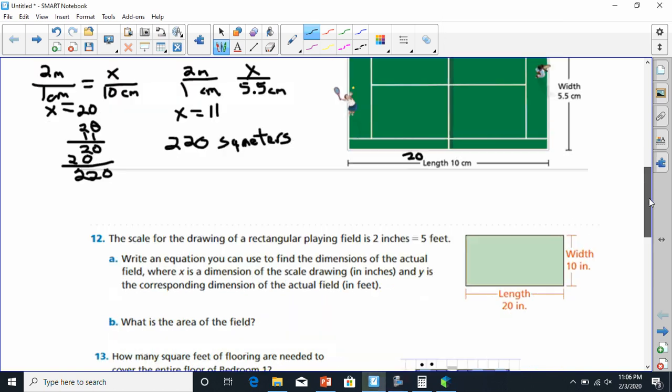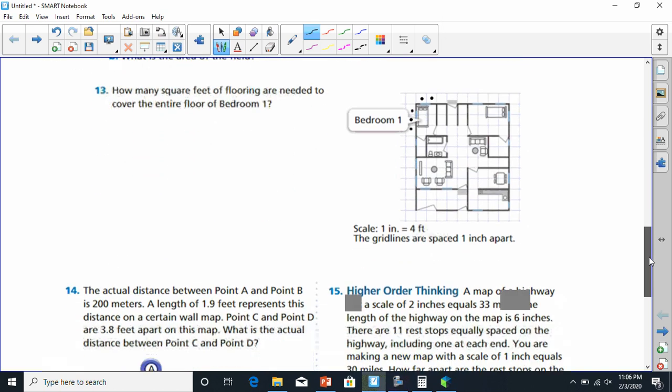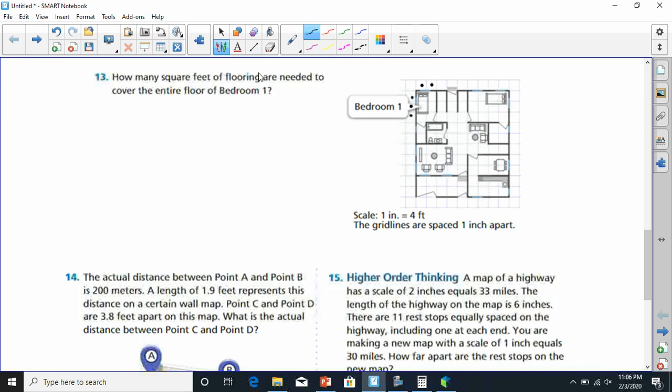Next, I'm going to be doing number 13. How many square feet of flooring are needed to cover the entire floor in bedroom 1? If I go to bedroom 1, I see that bedroom 1 is pretty small. It's got 2 by 3 as far as these little blocks. It says 1 inch equals 4 feet, and the grid lines are spaced 1 inch apart. So every one of these little grid lines is really 4 feet.